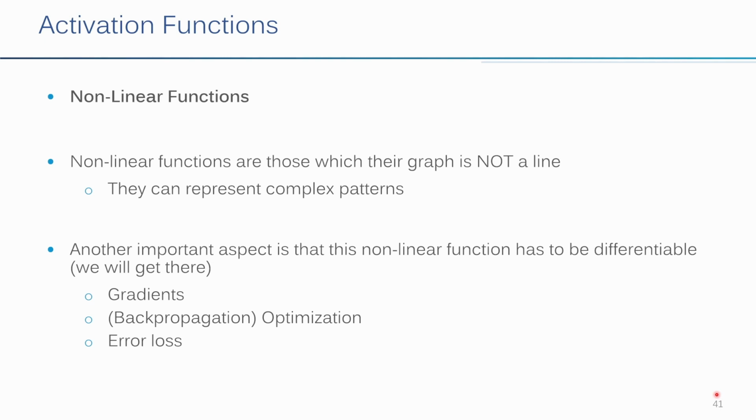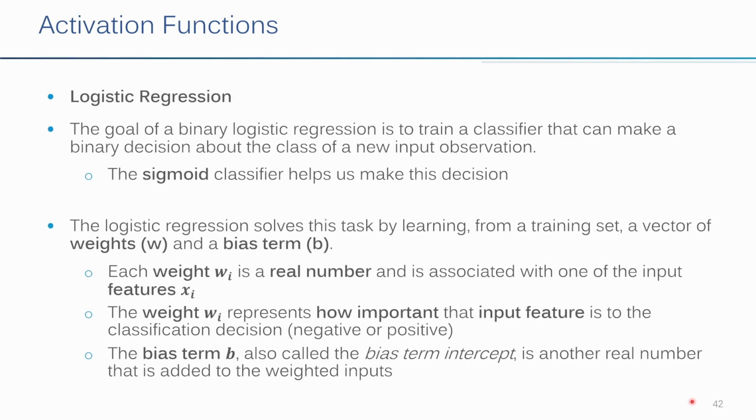We will get to some more concrete examples on how we can work with the gradients, the values that we want to change, and how we can backprop or optimize this. I would kindly ask you to remember backpropagation. We'll talk about this in the upcoming class. And of course, this will also help us calculate the error loss, the error between our prediction and the real value that we have.